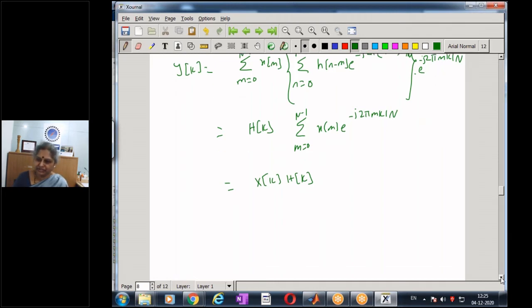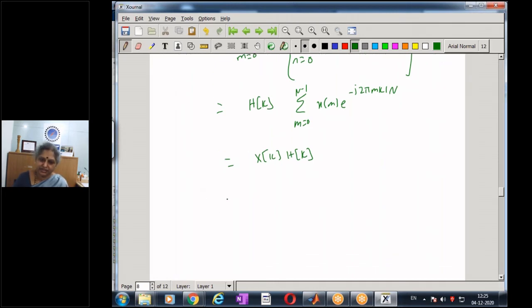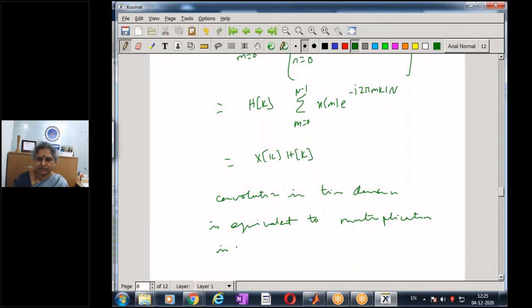So what the property states is convolution in the time domain is equivalent to multiplication in the discrete Fourier transform domain, or in the frequency domain.